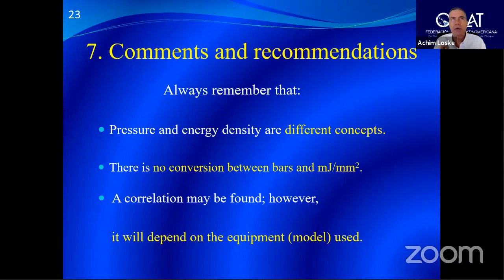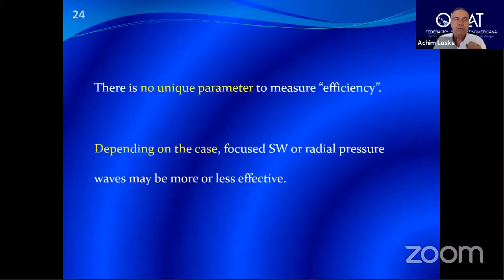If you do not mention exactly what equipment, what model you are using, there is no sense in doing a conversion between bars and millijoules per square millimeter. And I'm referring to the air pressure on the device mentioned in bars.